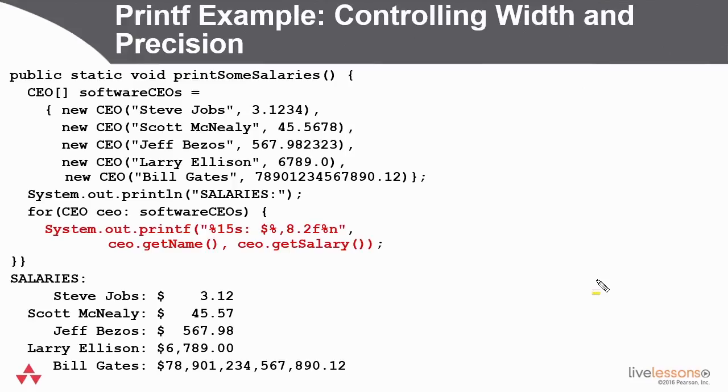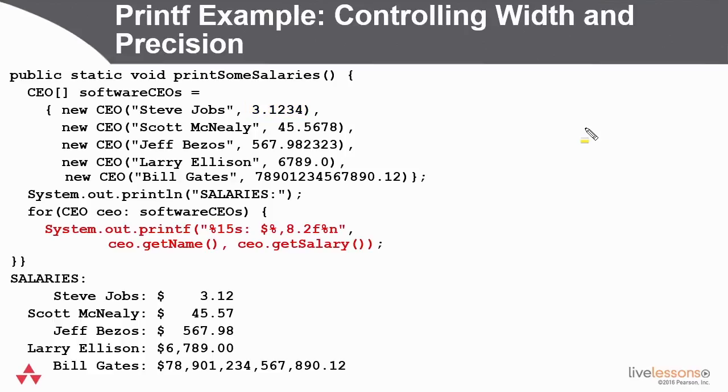All right, so let's try this. So I have some CEOs of various different companies, and I have their salaries in billions per year. And I want to print out and line up their salaries on the decimal point.